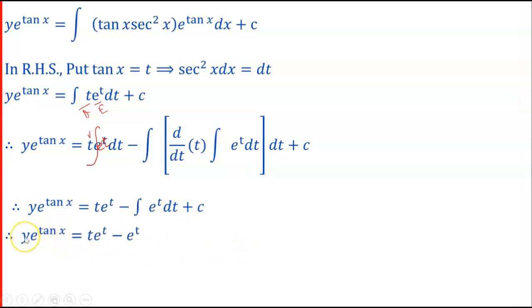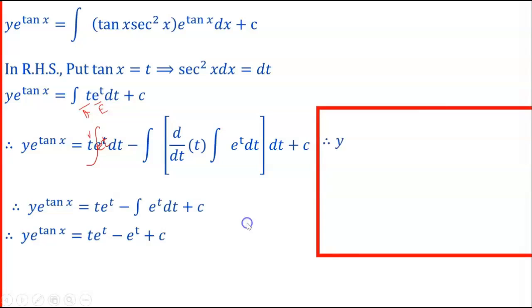Therefore you have y · e^(tan x) = t · e^t − e^t + c. Therefore y · e^(tan x) = taking e^t as common, e^t (t − 1) + c.